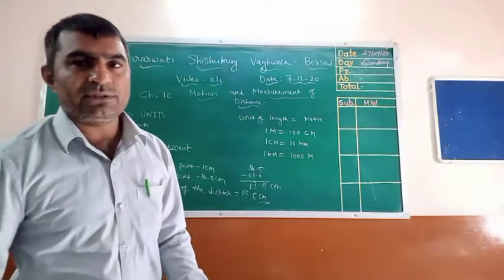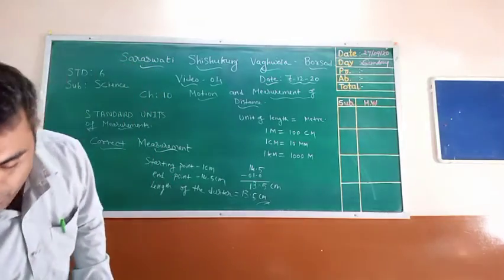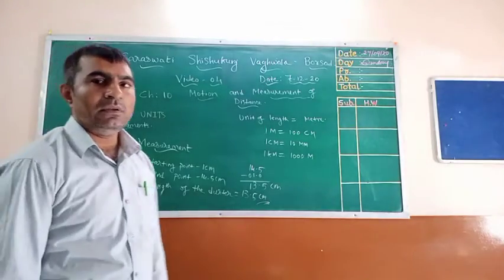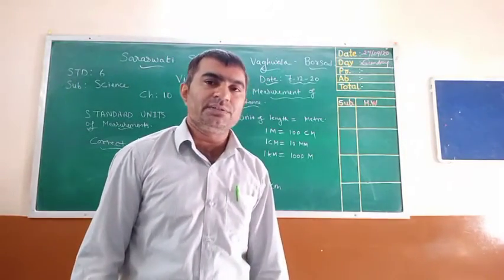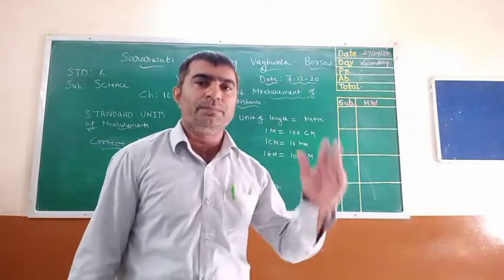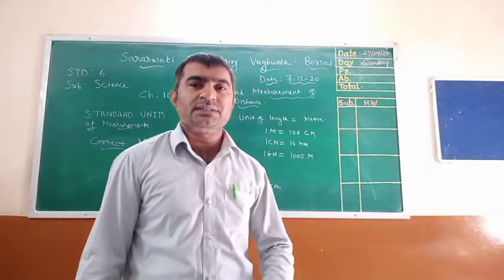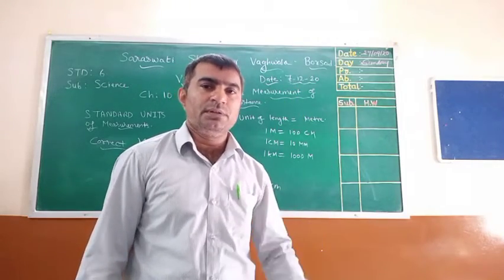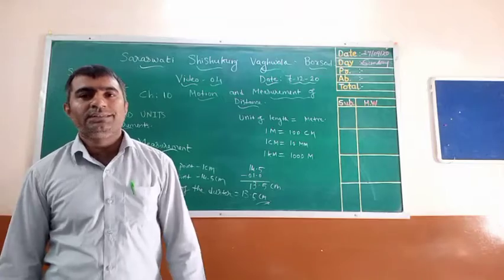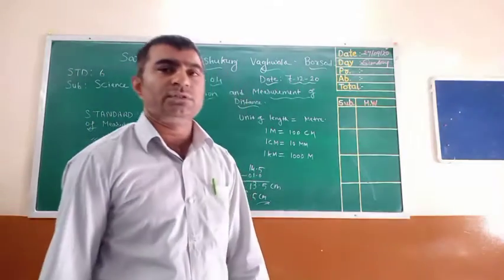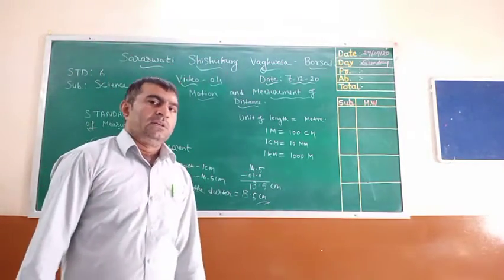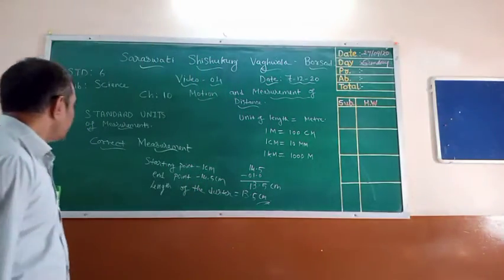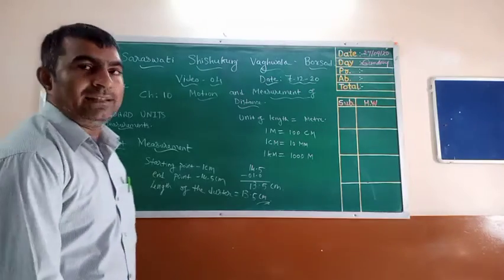Right? So dear students, today in this video we have seen some of the measuring devices used in ancient times. Means people were using their body parts such as fist, cubit, foot, steps. Later on the French invented the metric system in 1790. Now it is known as the International System, and the unit of length is meter.